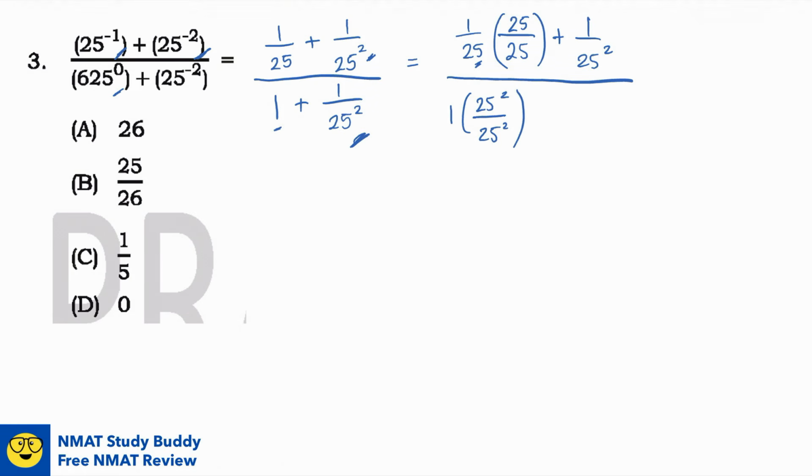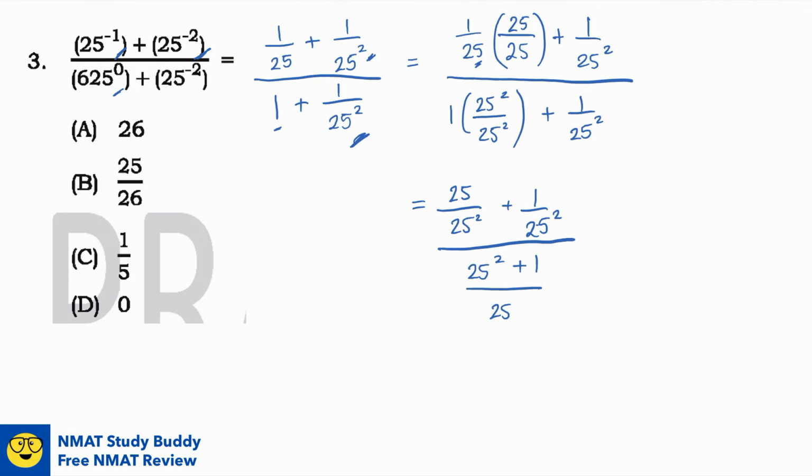Ayan, 1 times 25 squared over 25 squared plus 1 over 25 squared. Try na natin i-multiply lahat. So, 25 over 25 squared plus 1 over 25 squared, all over, yung sa baba naman, 25 squared plus 1 over 25 squared.